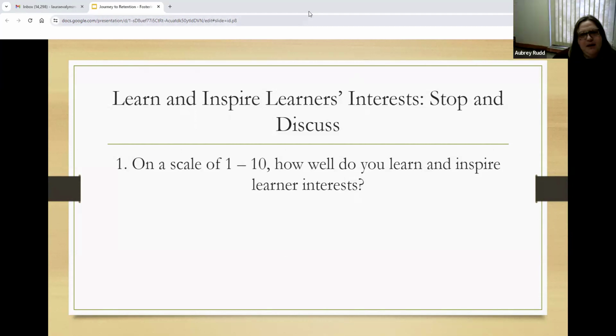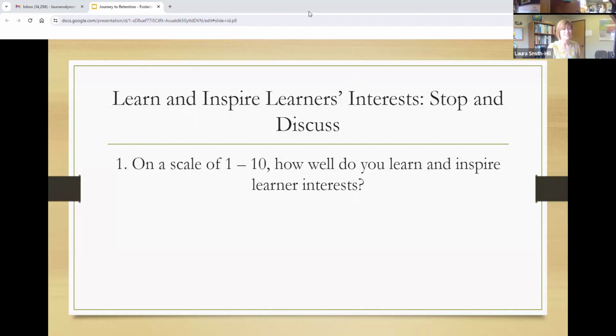Can I have you repeat that question? Yeah. On a scale of 1 to 10, how well do you learn about and inspire your students' interest? I would concede that this is an ongoing challenge. We have new students coming in all the time, and different groups have different interests.